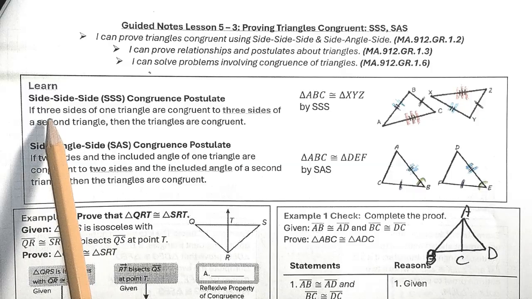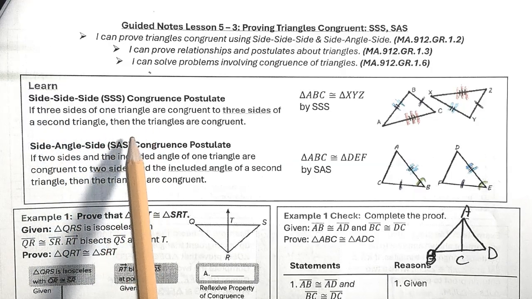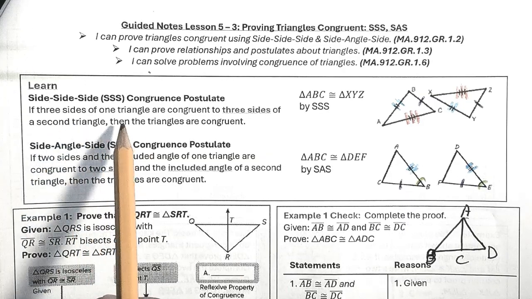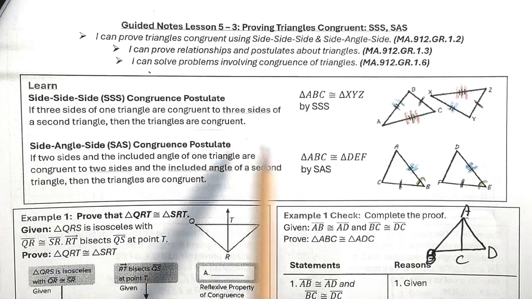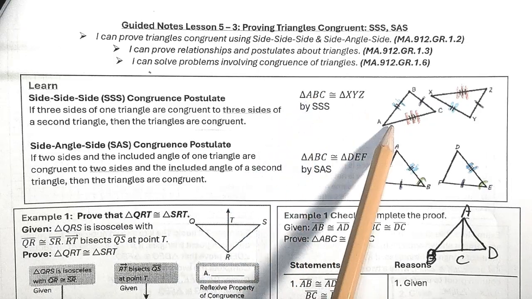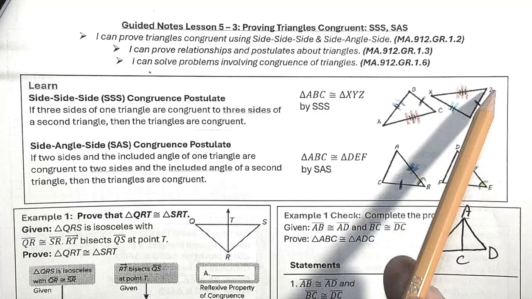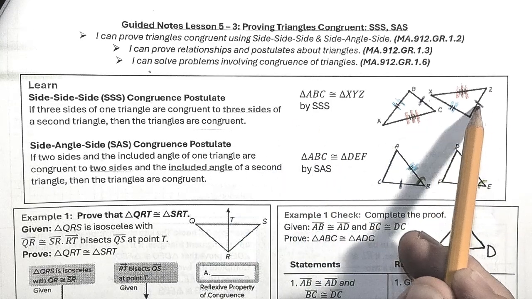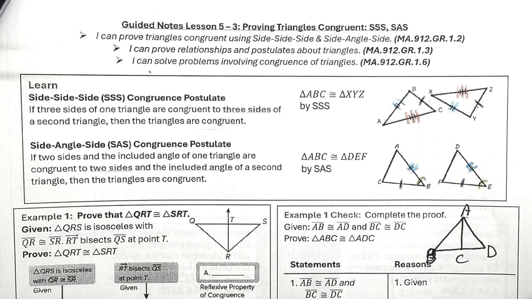First we're going to talk about side, side, side, which is the SSS congruence postulate. If three sides of one triangle are congruent to three sides of a second triangle, then those triangles are congruent. In our example to the right, triangle ABC is congruent to triangle XYZ by SSS: these two sides, these two sides, and these two sides.